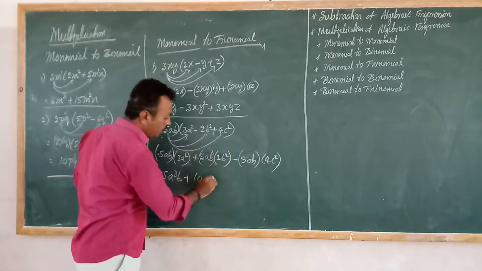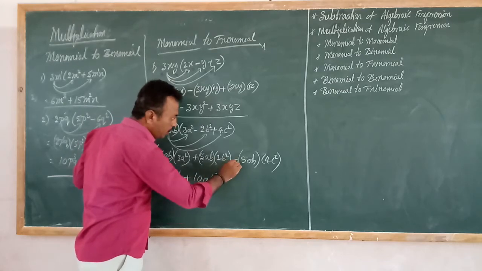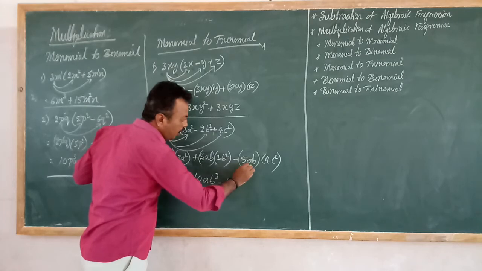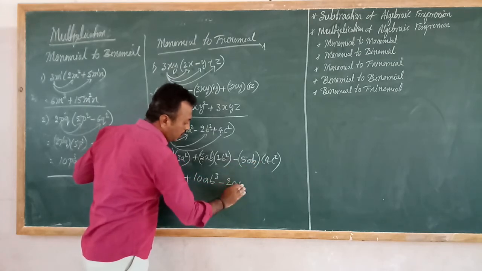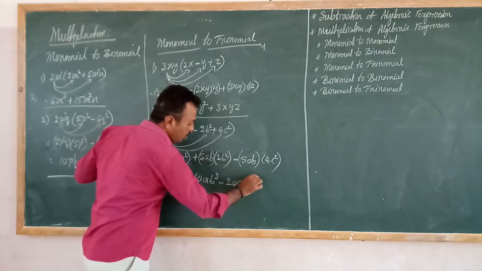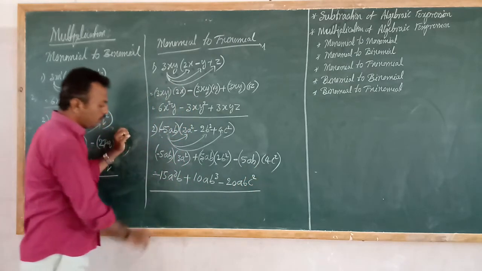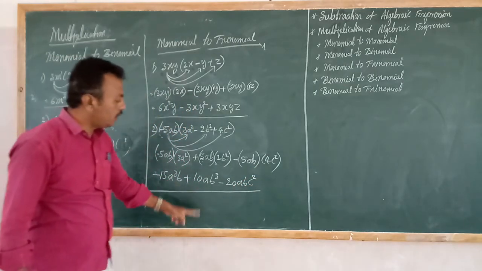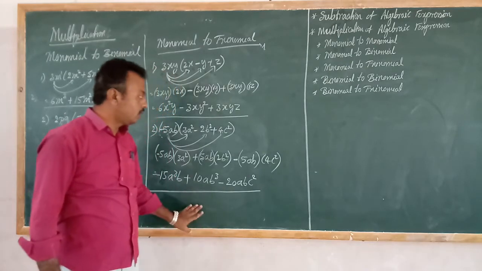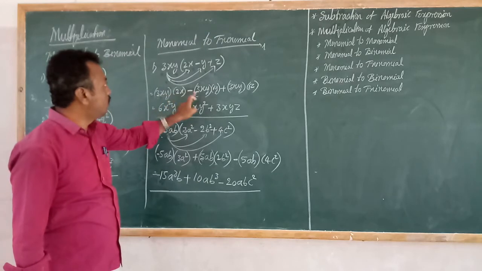B into b square, it becomes b power 3. So minus 4 5s are 20. Then a, only one term is there, and b is also one term, and c square. So this is the minus 15a cube b plus 10ab cube minus 20abc square. So this is the product of these two terms.